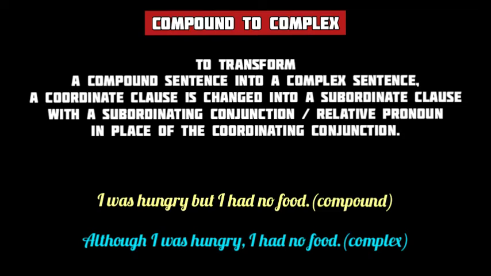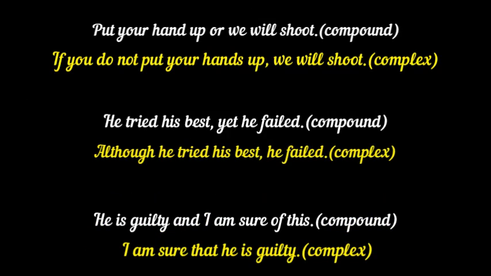Here the first coordinate clause, I was hungry, is changed into a subordinate clause, although I was hungry, using the subordinating conjunction although in place of the coordinating conjunction but. So the compound sentence, I was hungry but I had no food, becomes the complex sentence, although I was hungry, I had no food. Now see some more examples on your screen.